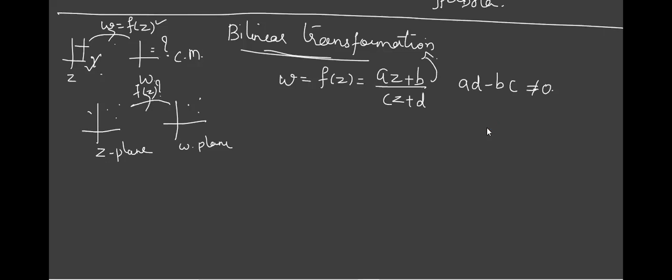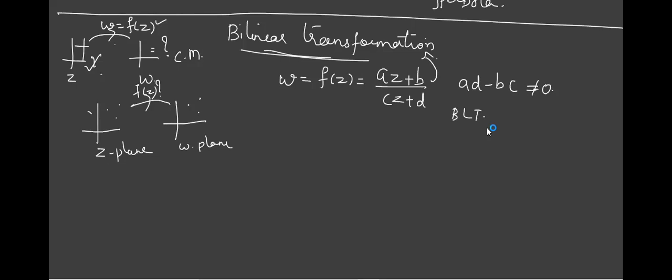So you know some points in the z plane and the corresponding images in the w plane, but you don't know what the transformation actually is. So finding the transformation with the concept that it is az plus b upon cz plus d, where ad minus bc is not equal to 0, is one particular case called bilinear transformation.